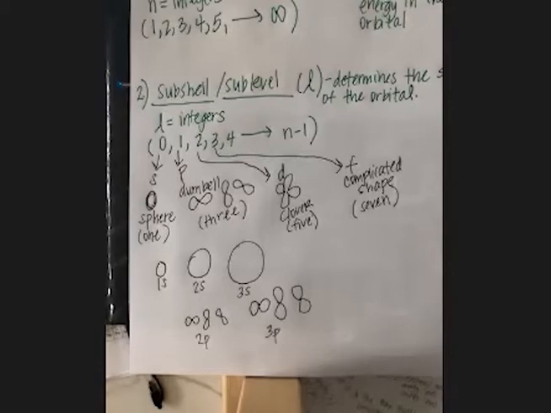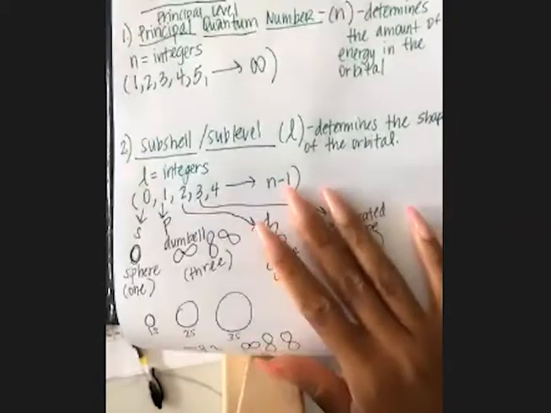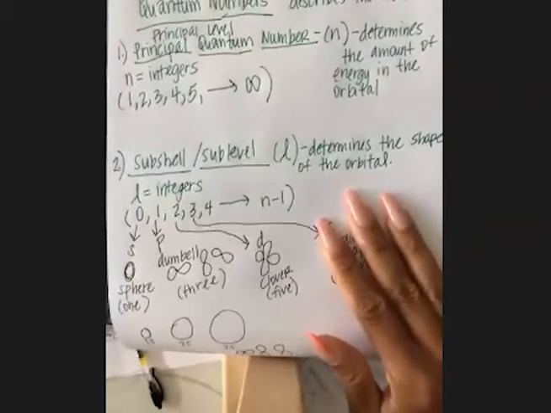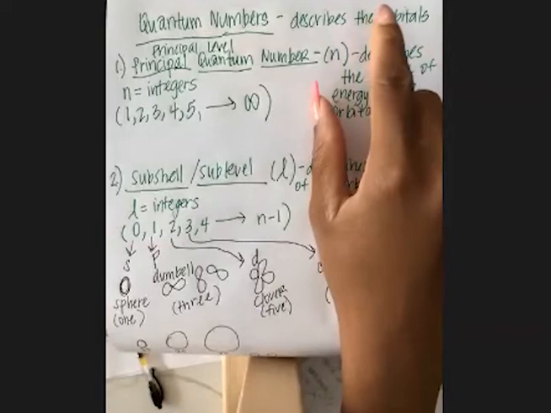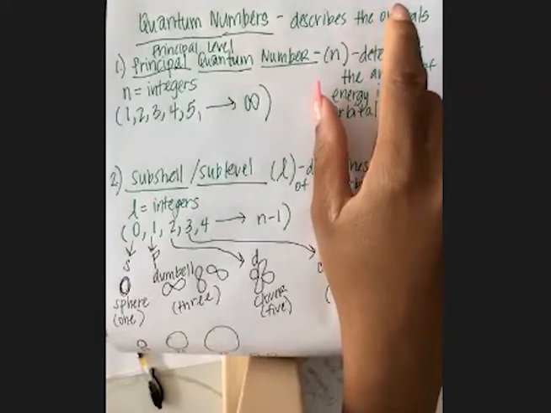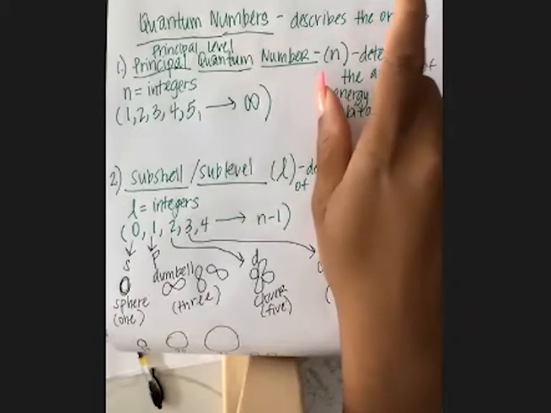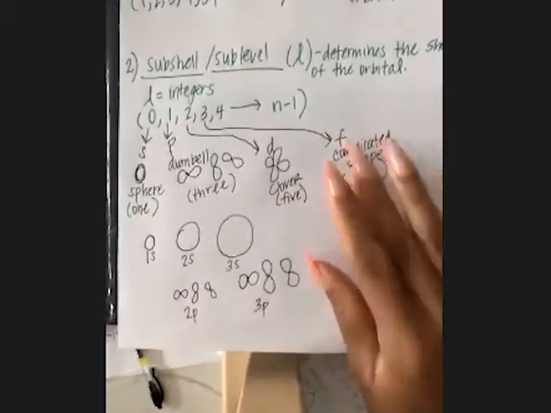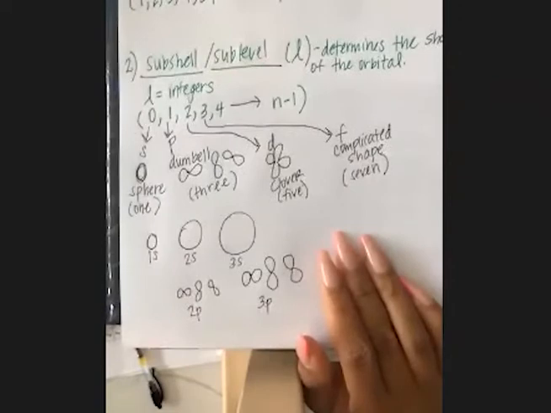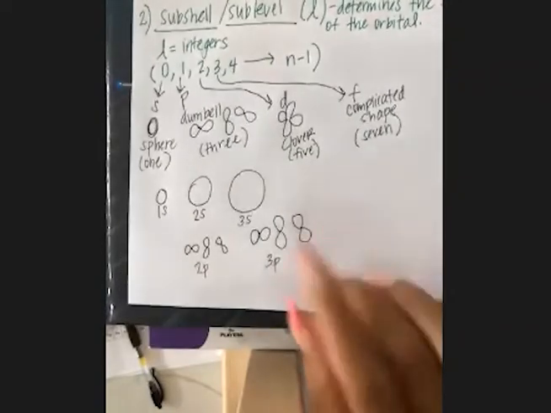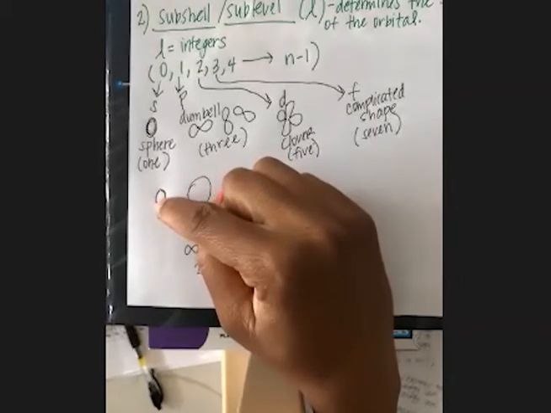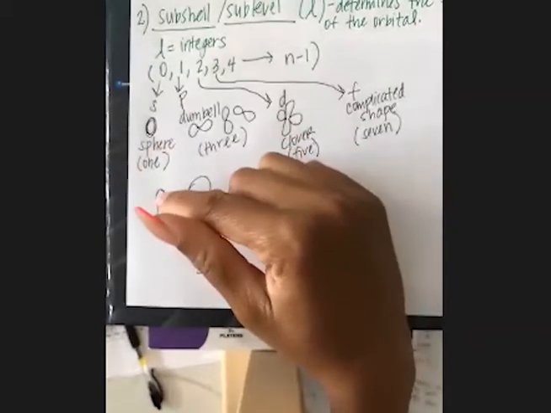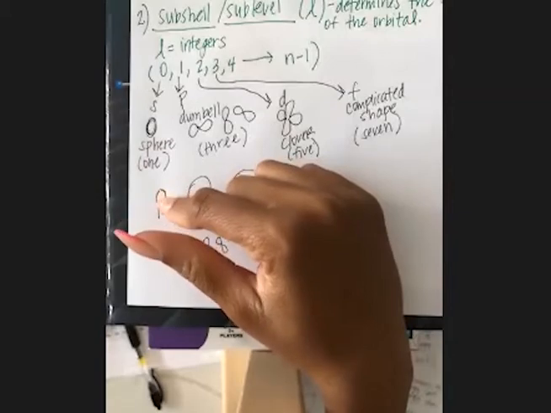All right, so these are the two quantum numbers that we have to know for this class. Remember, the quantum numbers describe the orbitals where the electrons reside, and it gives us a probability map of where the electrons are going to be. So for instance, if I say my electron is in the 1s level, that means in the shape of a sphere somewhere in the atom, closer to the nucleus, I can find the electron there.